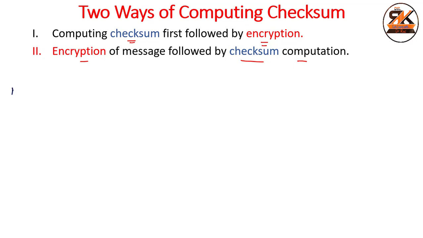For the first case, you have a message, and to this message you apply some function f, and then the output of this function is concatenated with the original message.